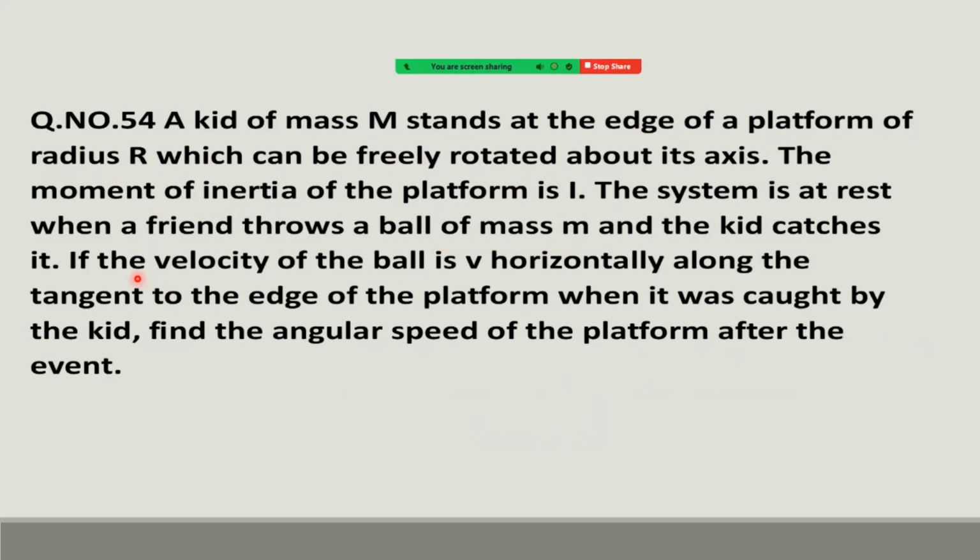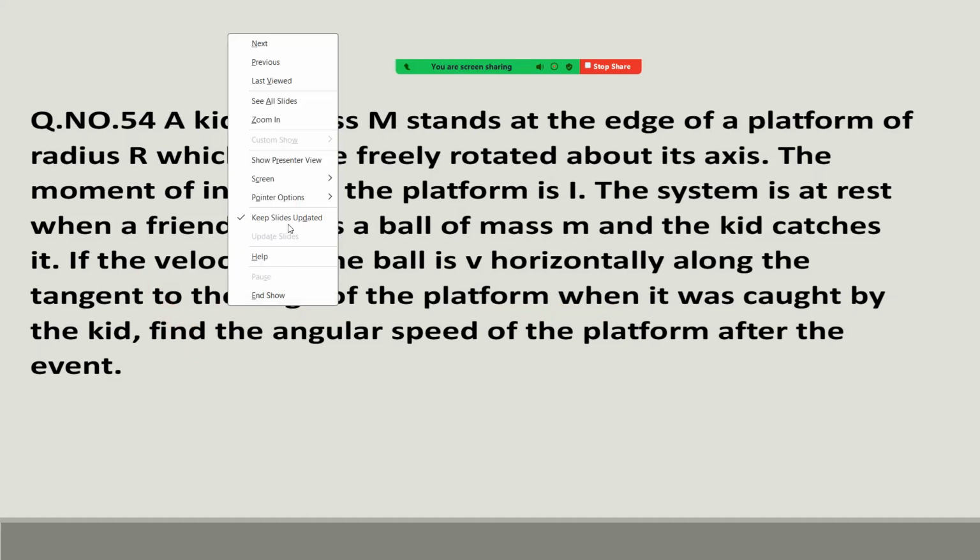If the velocity of the ball is v horizontally along the tangent to the edge of the platform when it was caught by the kid, find the angular speed of the platform after the event. Okay. Now see how to calculate. So first make a diagram for the given data.